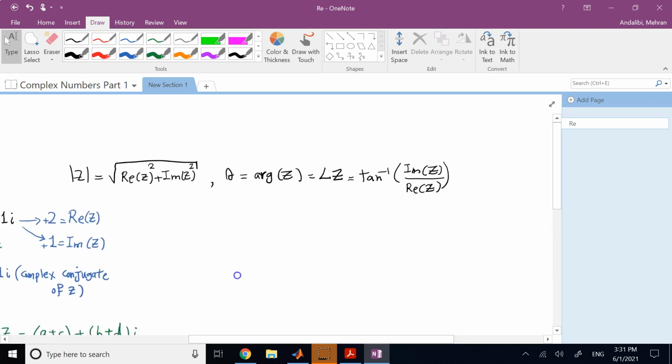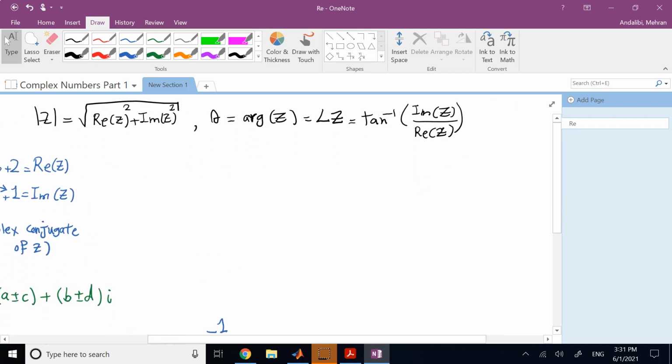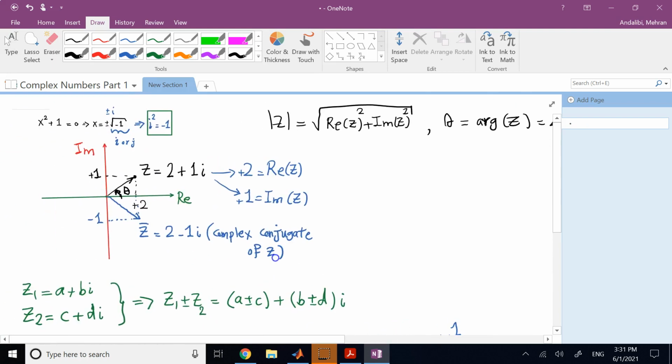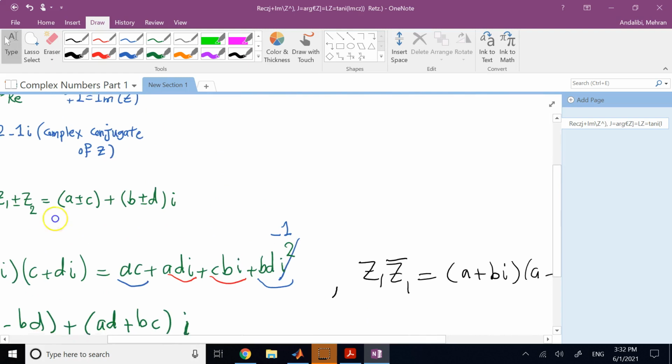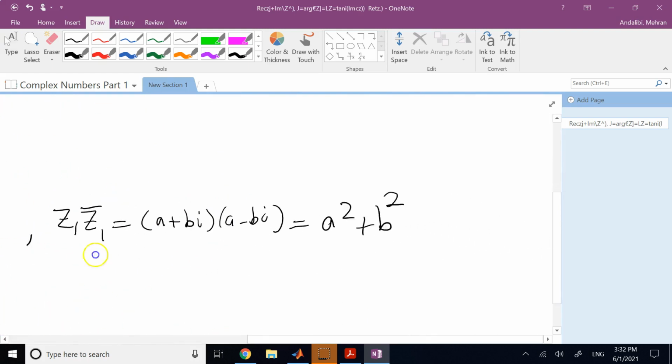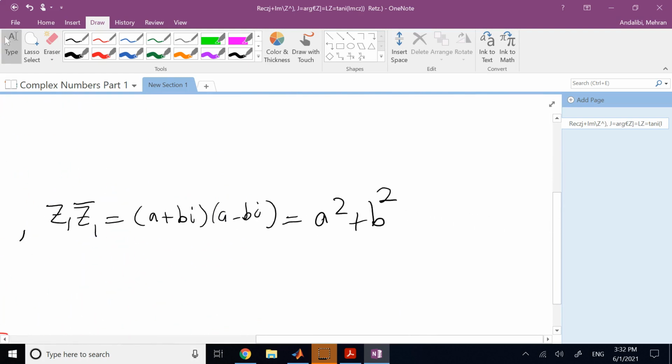Okay, so two new definitions: magnitude and angle of the complex number. So clearly, in this case, a squared plus b squared is the same as what? It is the same as this square root to the power 2.